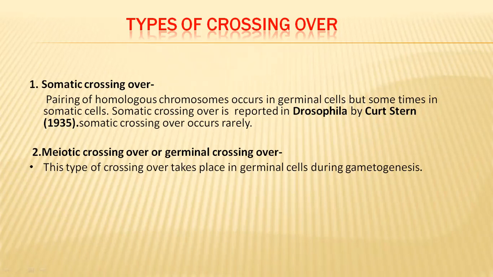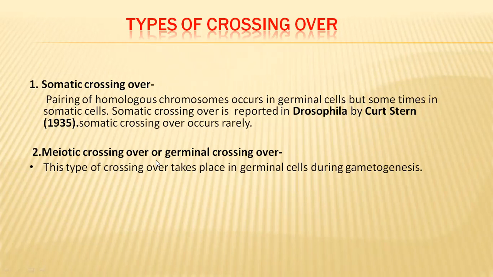These recombinations will not be inherited by its offspring. So in terms of evolutionary process, or heredity, somatic crossing over is not important at all. The second one is meiotic crossing over. This is the most common.